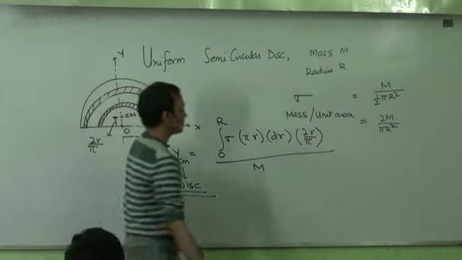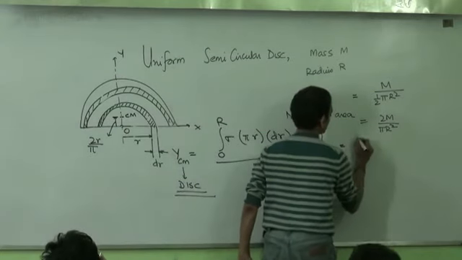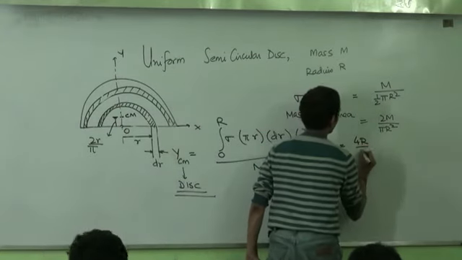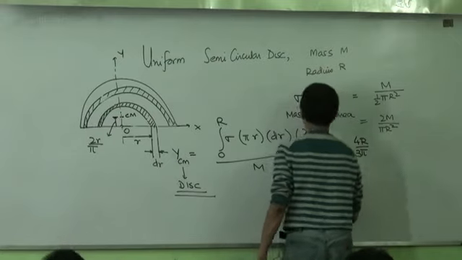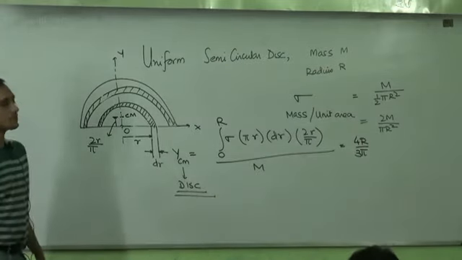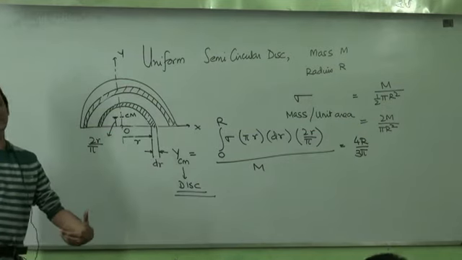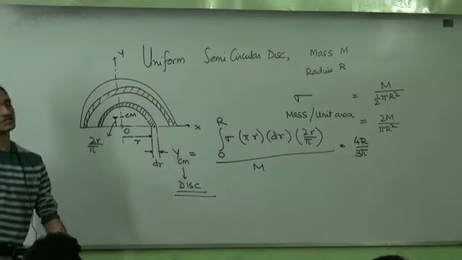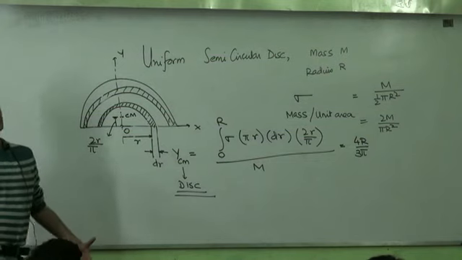4r by 3 pi. That's the y coordinate of the center of mass of a uniform disk of radius r.